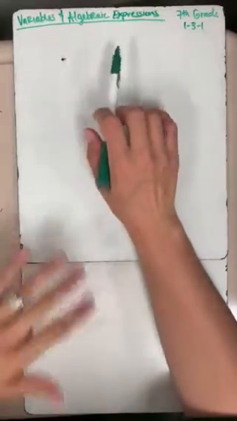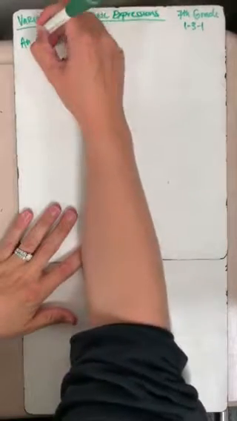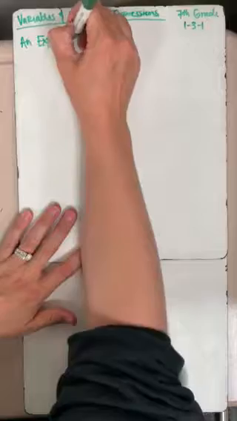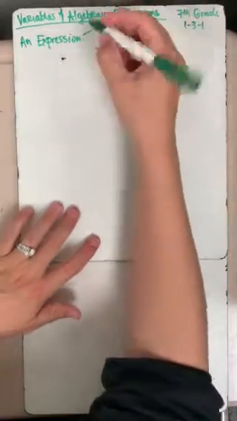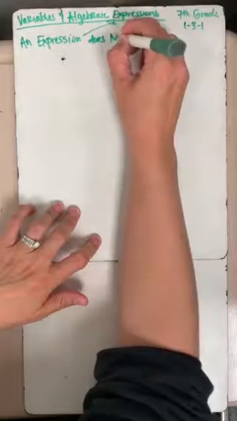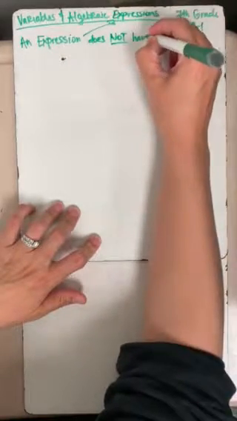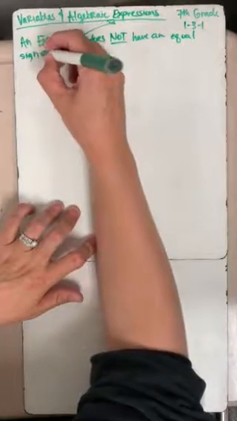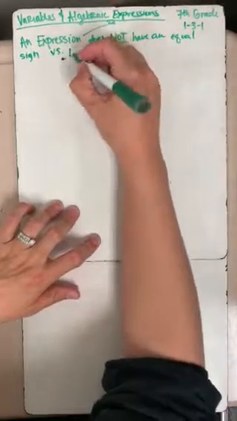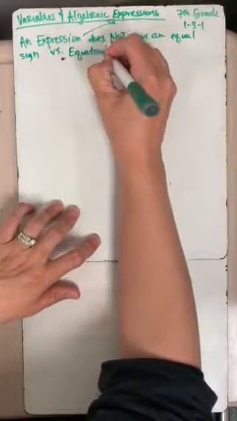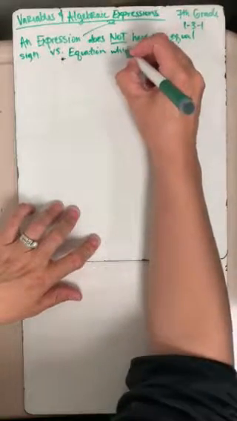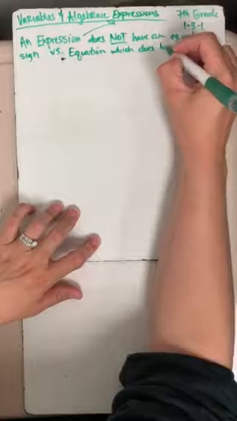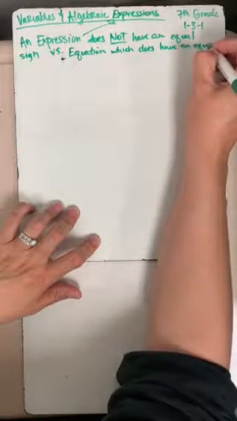All right, so this is chapter 1, section 3, and it is talking about variables and algebraic expressions. Now, an expression, just like we're talking about, does not have an equal sign, versus an equation, which does have an equal sign.